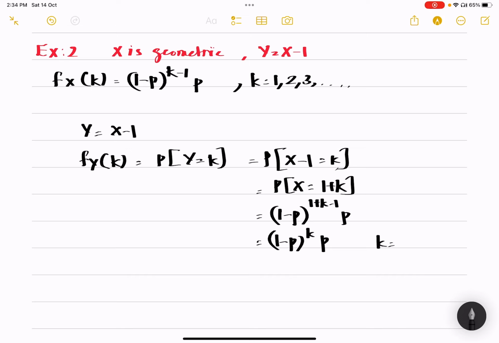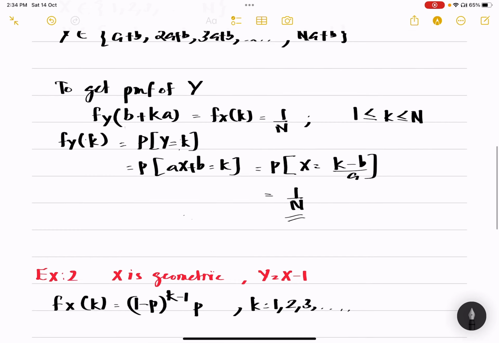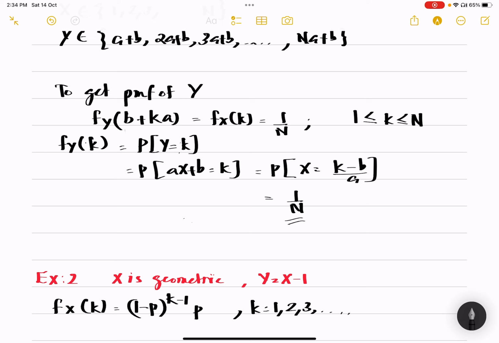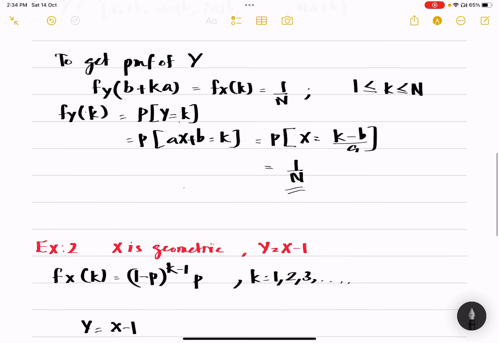K varies from, this is also important, because earlier k was varying from 1, 2, 3, etc. But y is a random variable equal to x minus 1. So k can vary from 0, 1, 2, 3, etc. And here also it is important to specify the variation of k.